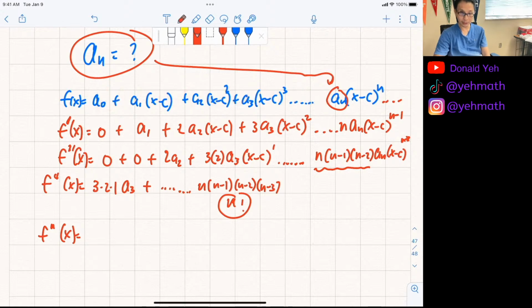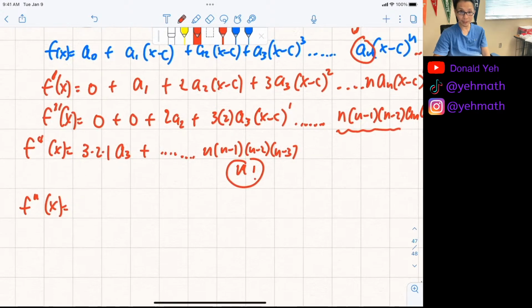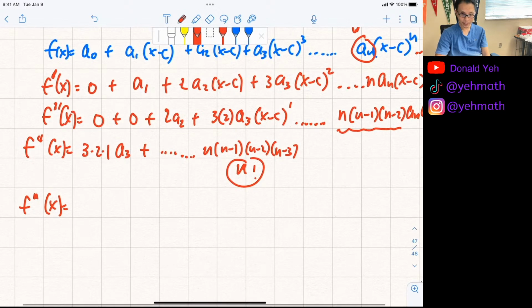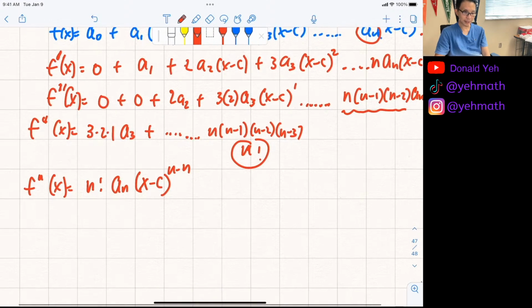And eventually you're going to have n factorial times a_n times x minus c to the n minus n, because that's the nth term. The nth derivative is equal to n factorial a_n, because n minus n is 0.